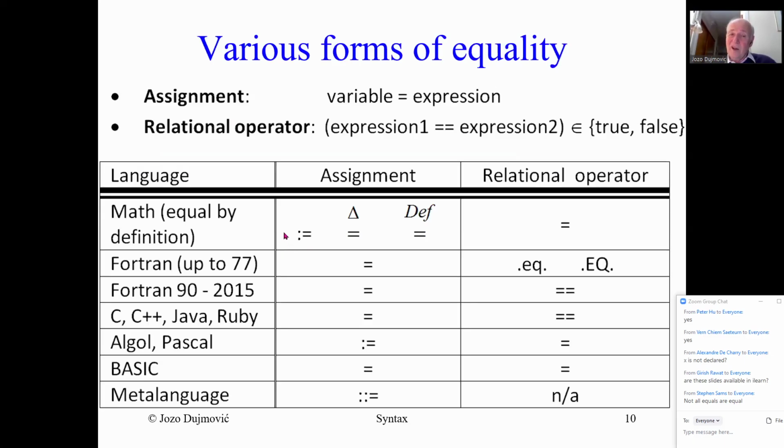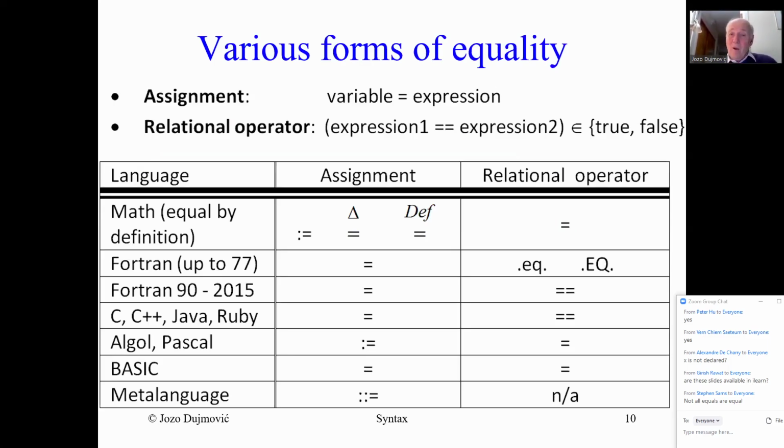So it has a left-hand side and right-hand side that are different. On the left-hand side, you have what is being defined, and on the right-hand side, you have the expression that is given, that is defined. So this is assignment, that means equal by definition. Relational operator is just simple equality. So you can say A equals B, and that means that they are the same.